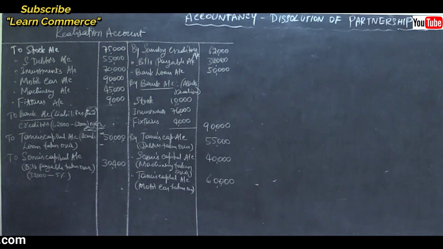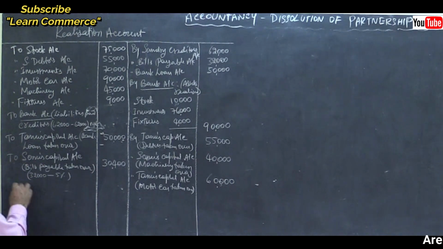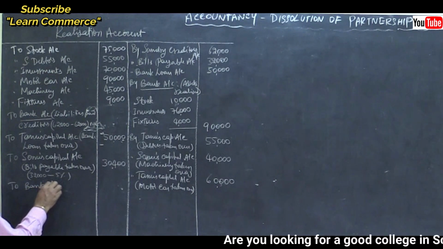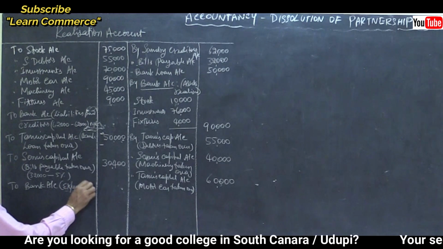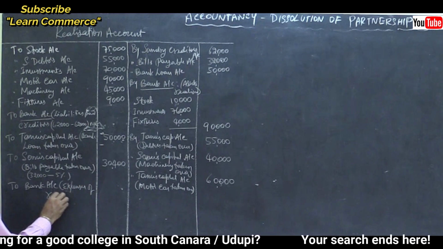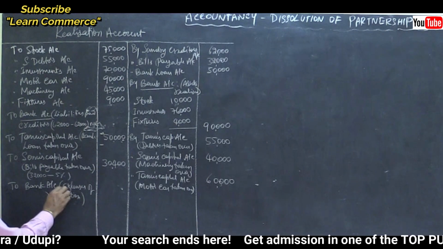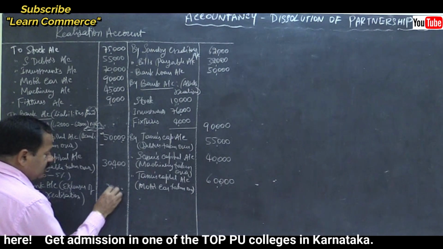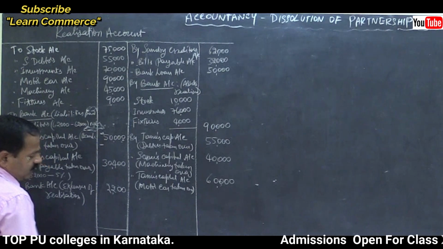Bills payable was taken over at a discount of 5%, right? Yes. Then there is expenses of realization to bank account, expenses of realization or cost of dissolution expenses, all are one and the same. 2,200. That's all. No entries on the debit side.